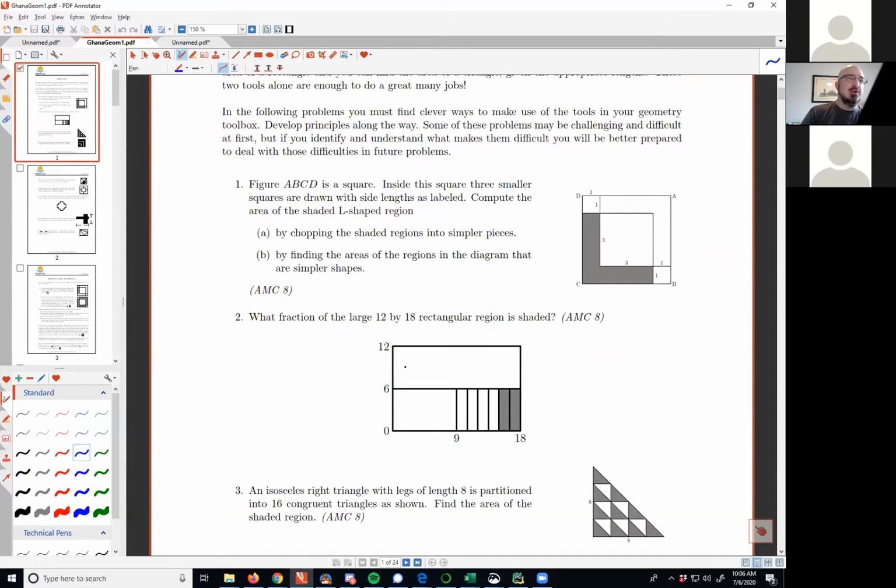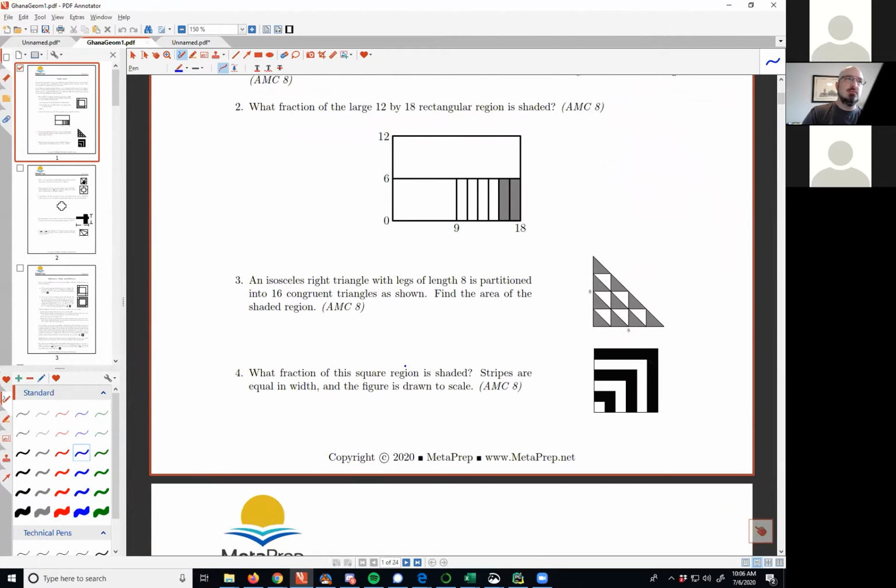Okay, let's take a look at number 2. Yeah, this one we could also divide into simpler pieces.